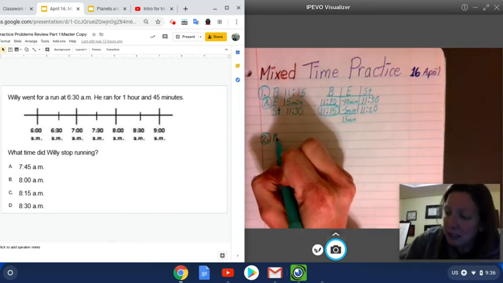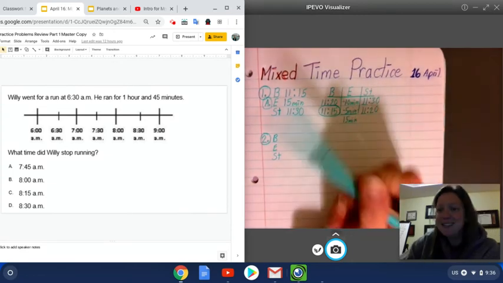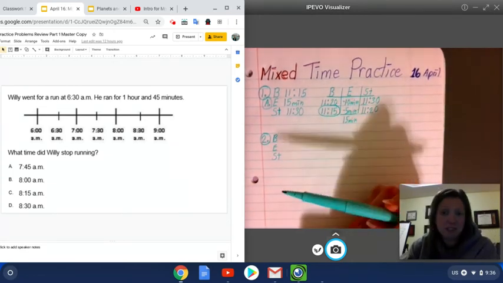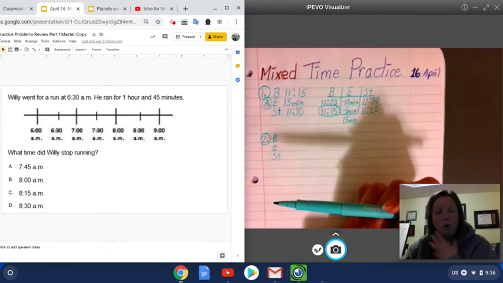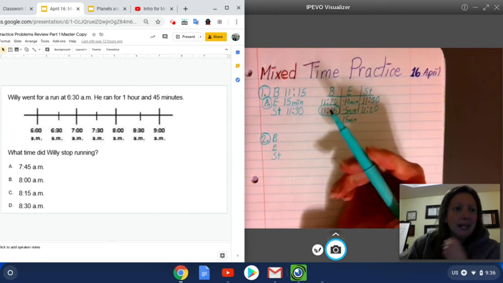So I'm still going to organize my thoughts the same way, boys and girls. I still want to use that T-chart because this tells me my beginning time, elapsed time, and stop time. All this is a way to organize the word problem so you know exactly what you're given so that you can find exactly what you're looking for.